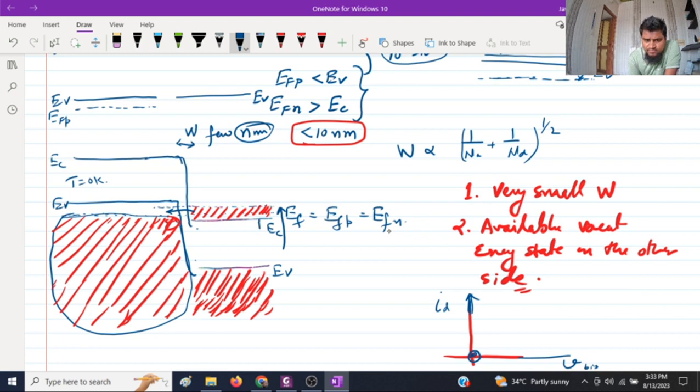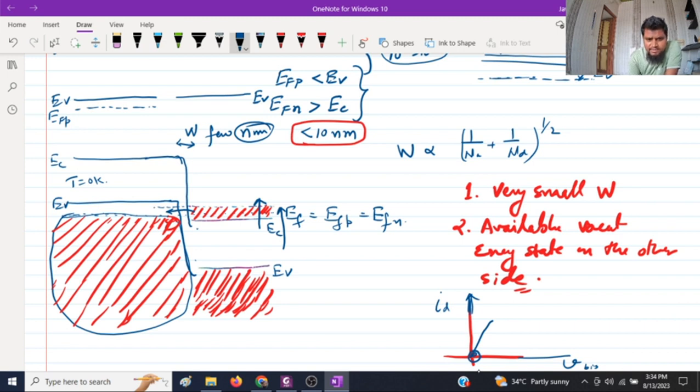As you increase the forward bias, the whole energy band diagram will start shifting a little up, and hence the current will increase because of tunneling. Because the tunneling area, the number of electrons, is increasing. Density-wise, this is increasing.